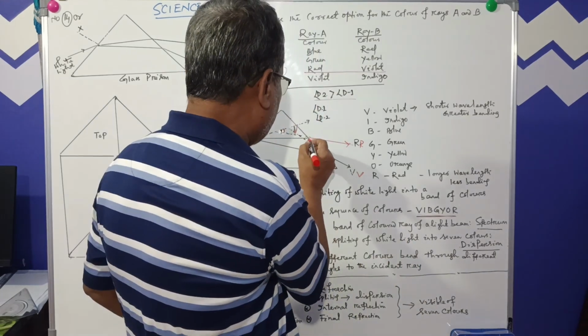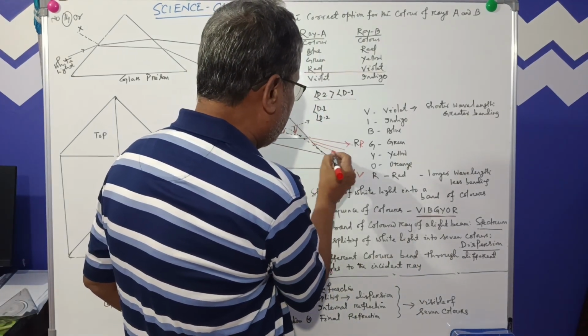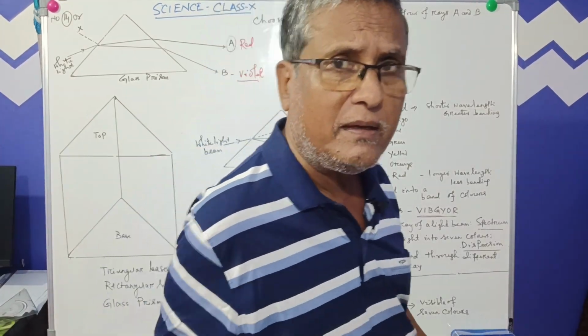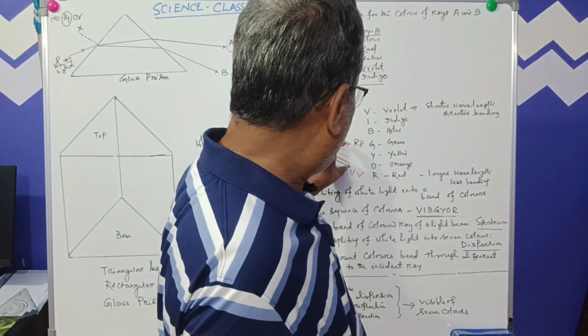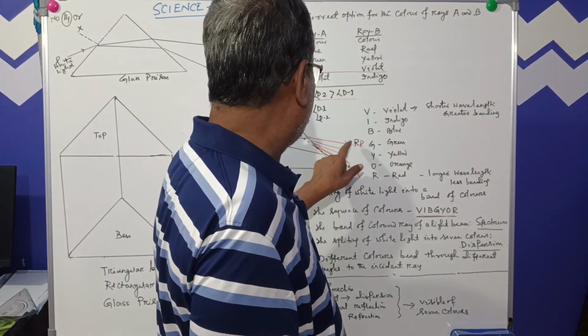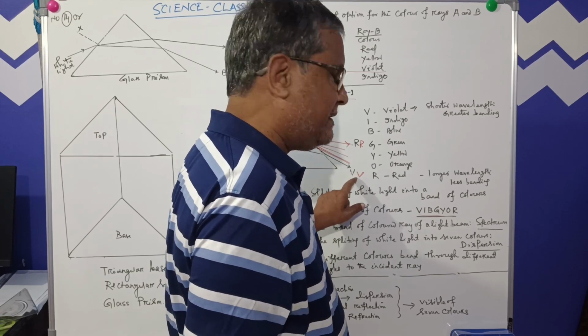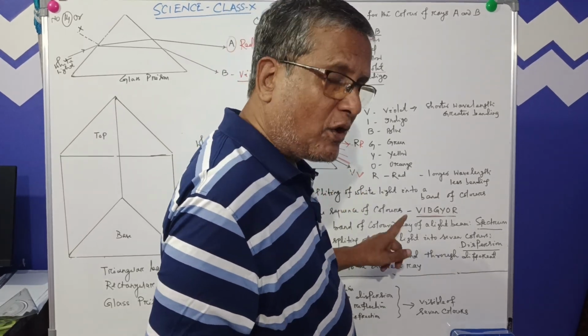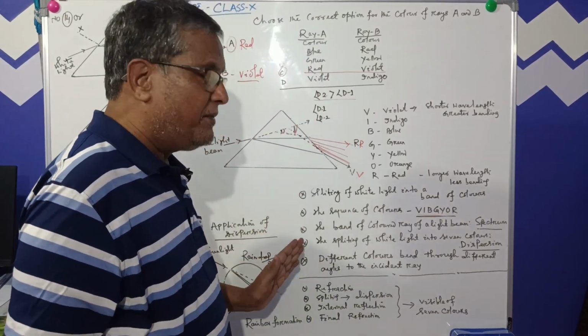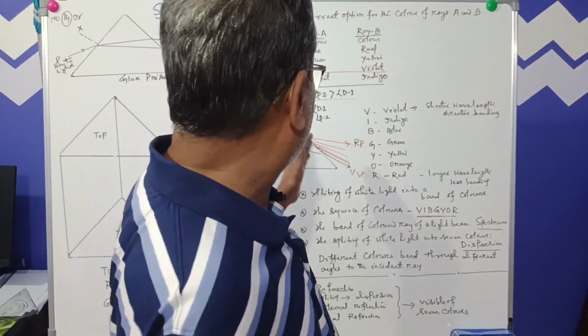So another ray will be like this, another like this. Here the bending is more and here the bending is less, and here is shorter wavelength, here longer wavelength. So these are the phenomena that take place in a prism.